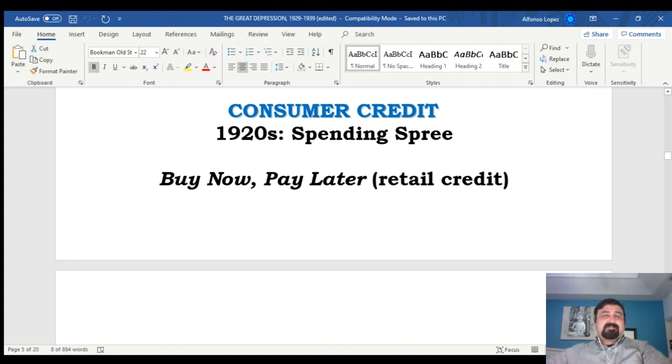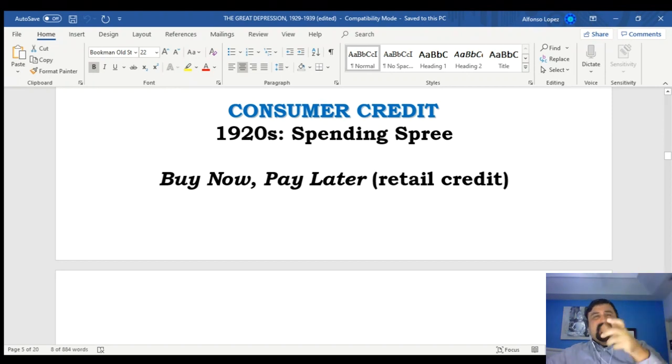Without credit, it would have been difficult to maintain this high-level consumption rate of, let's say, the Roaring 20s. This is when the economy was booming to unprecedented levels due to the rate and frequency of consumption in the United States. The credit was part of the equation, in other words.